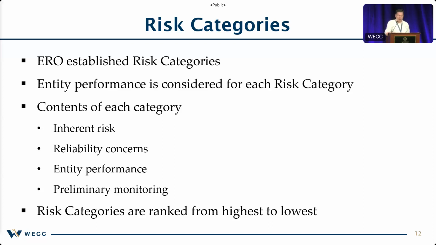Locally, items identified in the regional risk register can help identify some concerns for these risk categories, and other emerging or entity-specific concerns identified, such as NERC alerts. FERC orders can tell us that there's concerns in certain areas.